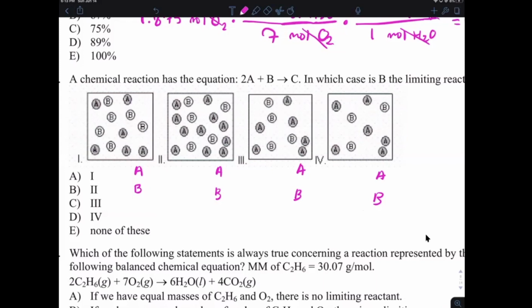Okay, how many A's are in box 1 and how many B's are in box 1?